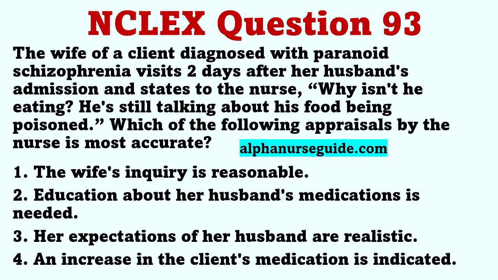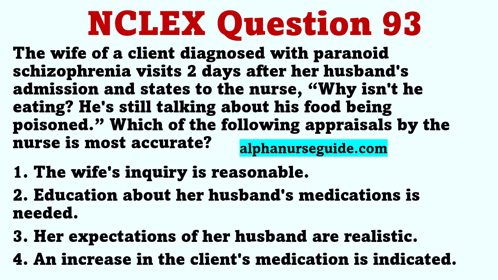The correct answer is 2. For the client with paranoid schizophrenia, 2 days on medication is too short a time for improvement to be seen. Therefore, the nurse evaluates the client's wife as needing education or knowledge about paranoid schizophrenia, the course of the illness and medications. Expecting an absence of delusions by the end of the client's second day of hospitalization is unrealistic.